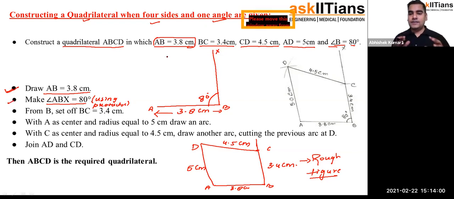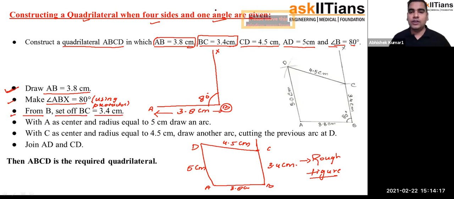Now after this, what is the length of BC you have? The length of BC we are provided is 3.4 centimeter. So what you have to do is, you have to assume B as a center. They are trying to say that you assume B as a center, measure 3.4 centimeter on your compass from the scale.